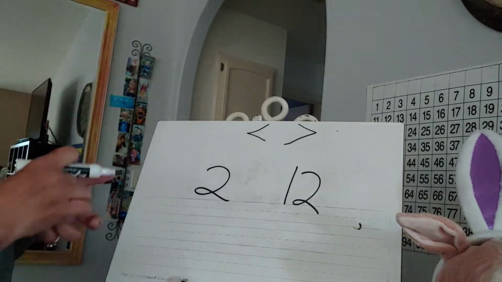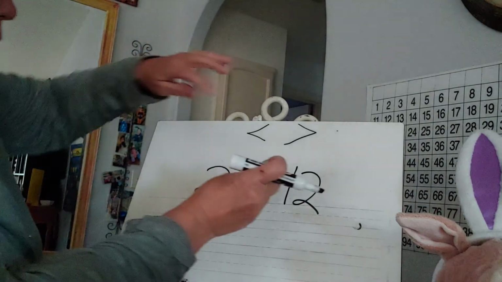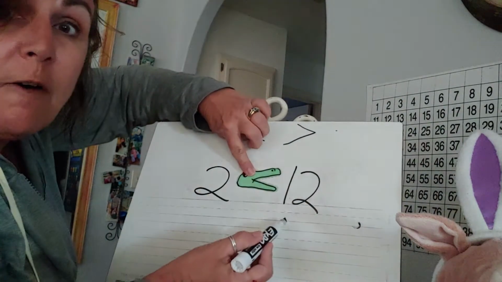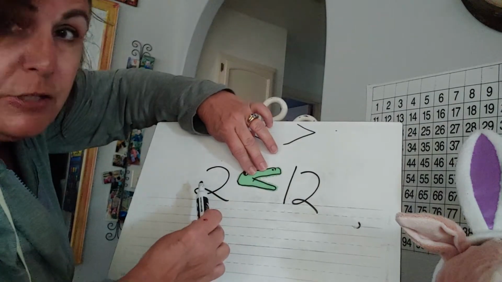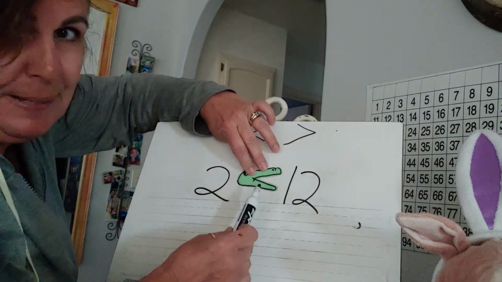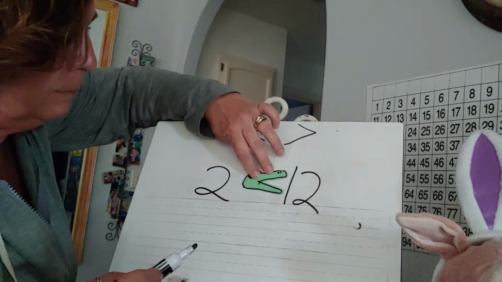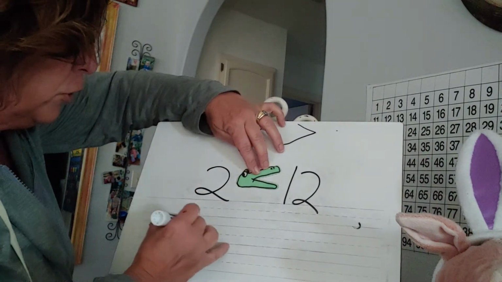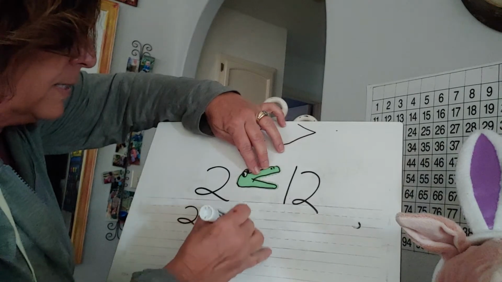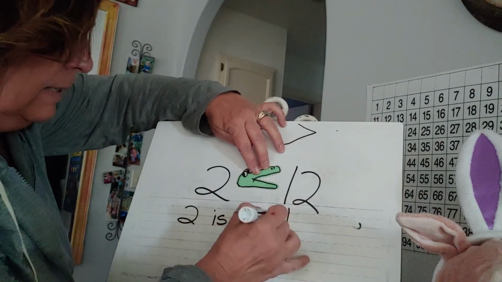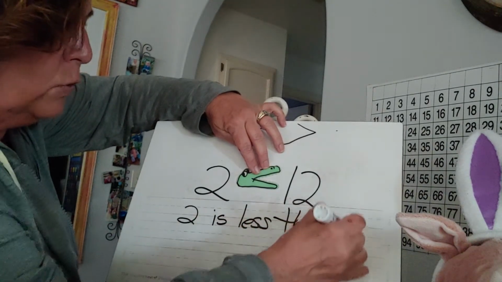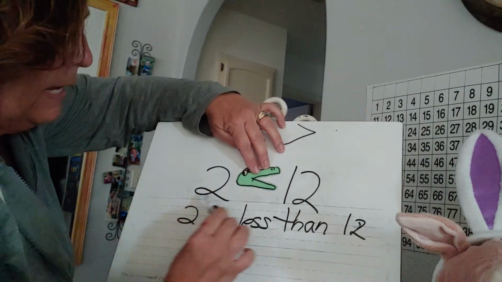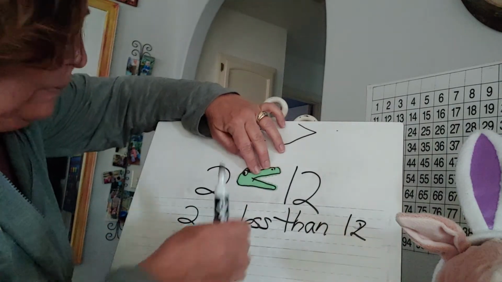It's going to be open that way because he wants to eat the 12 because the 12 is bigger than 2 and he's going to get a lot more for his bite chasing after the 12. Chomp, chomp, chomp. So the number sentence for this reads 2 is less than 12. We start on this side and we read the number sentence that way.